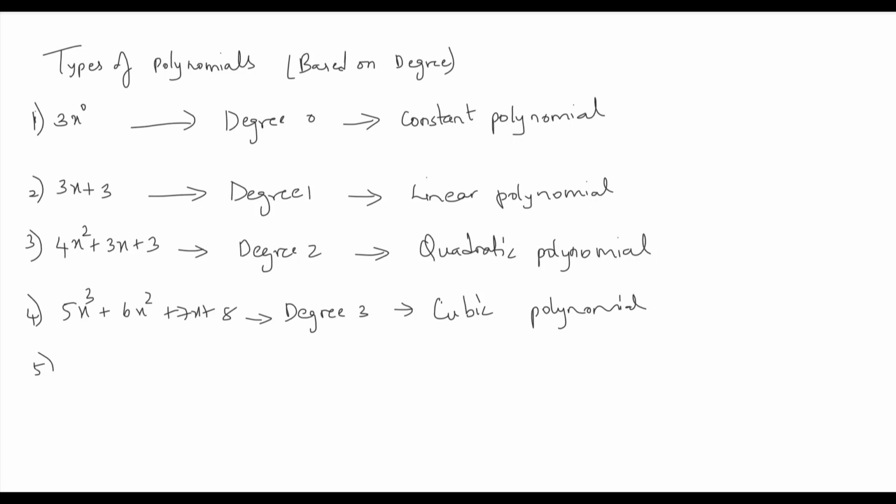And when you consider degree 4, it is a biquadratic polynomial. So based on the degree, these are the different types of polynomials which we have already learnt.